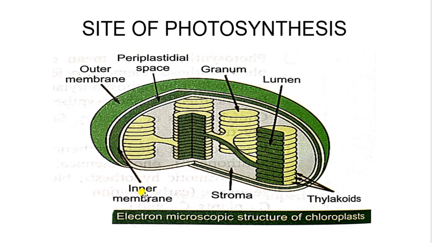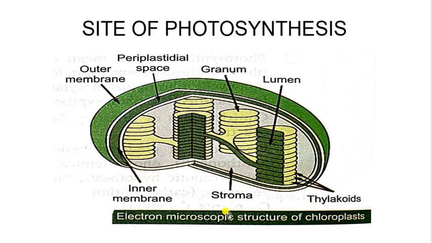The space between the outer and inner membrane is called periplastidial space, and it is 100 to 300 angstrom units. The inner space is filled with a granular and transparent fluid known as stroma or matrix.